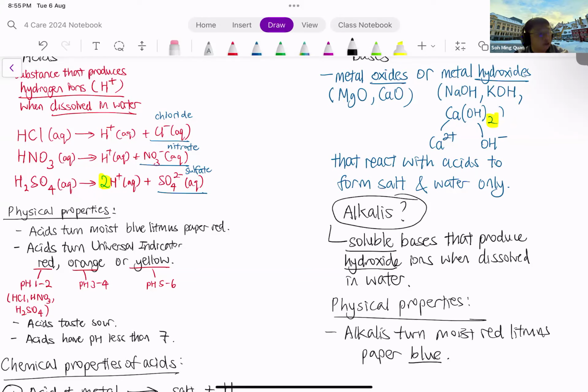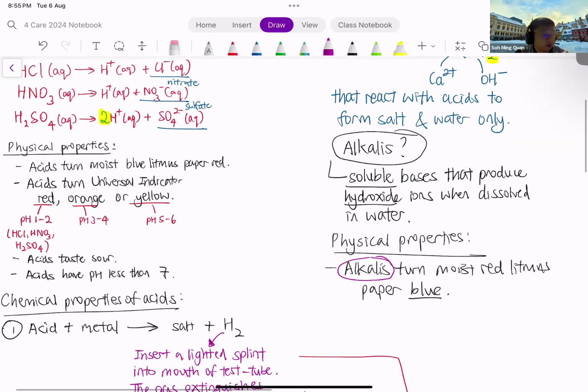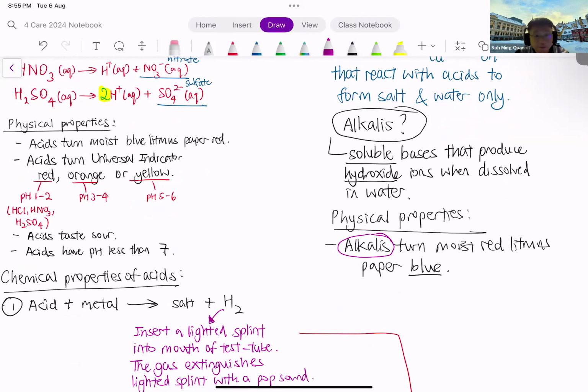This is only true for alkalis because it must dissolve in water. If it doesn't dissolve in water, it will not change the color of litmus paper. If it's a solid, the litmus paper stays the same color as before. It's not going to change. Okay? So that's a physical property: turns moist red litmus paper blue.